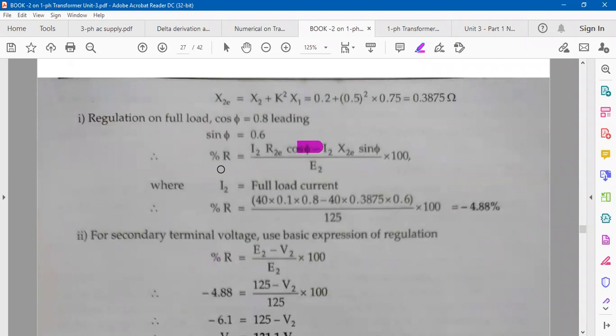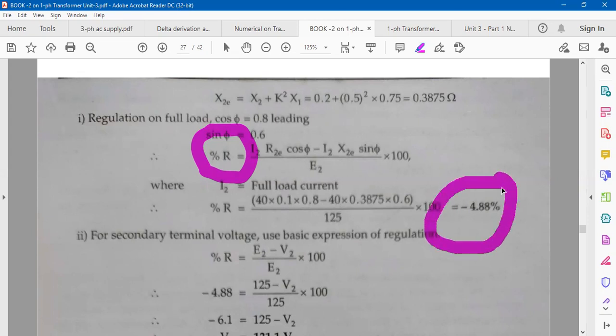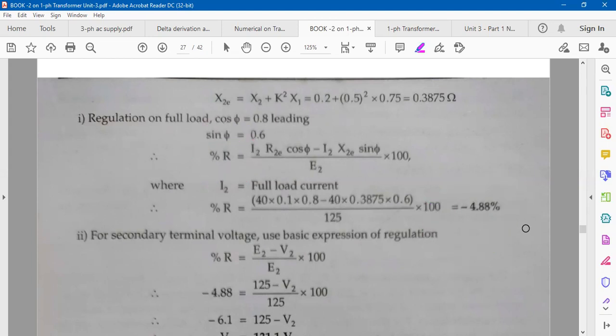Similarly, one more point: voltage regulation is positive for lagging power factor, isn't it? And also for unity power factor you get positive, meaning R and L type of load. And this voltage regulation value you will get negative for leading power factor, isn't it? Okay.